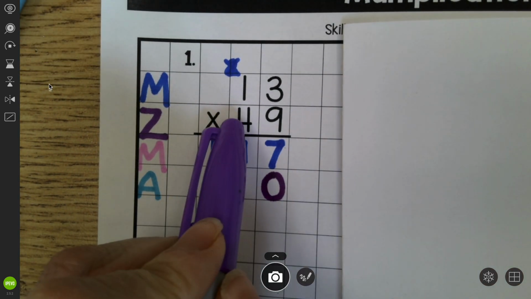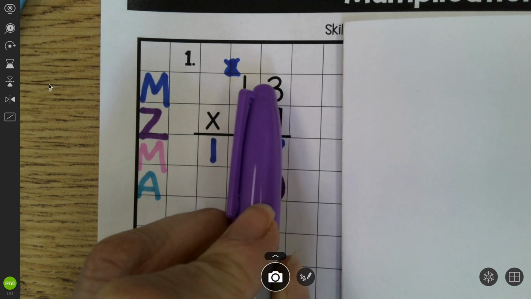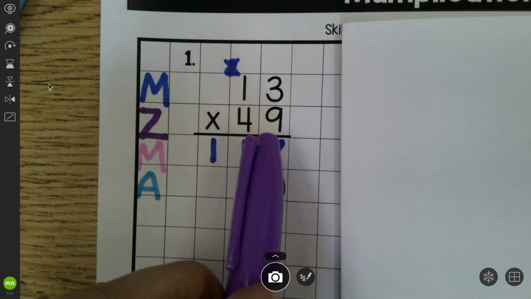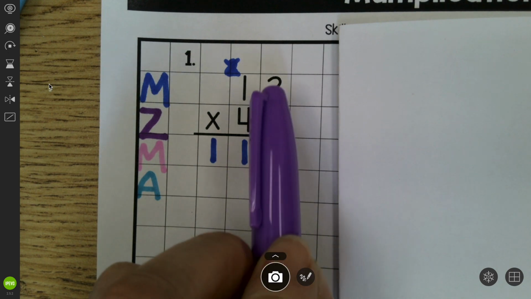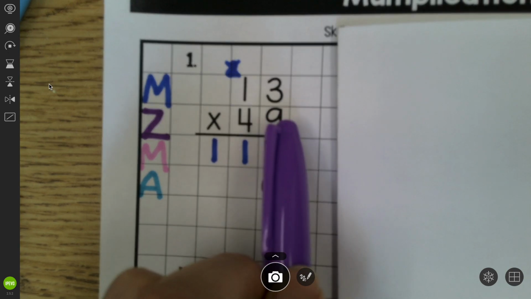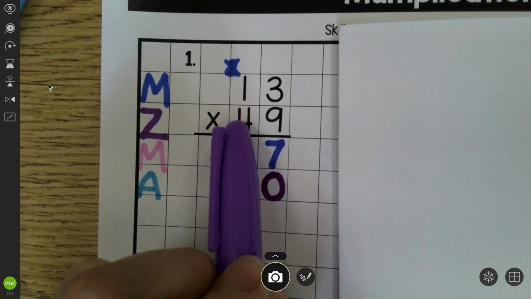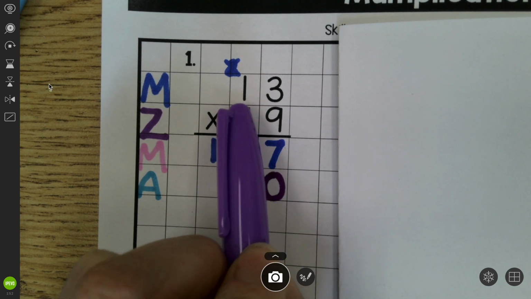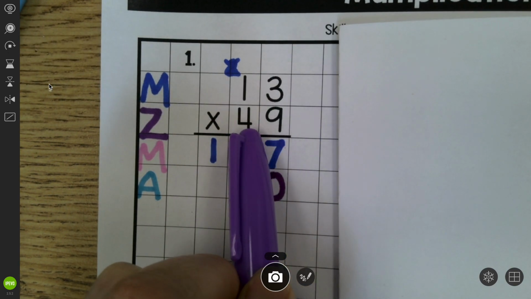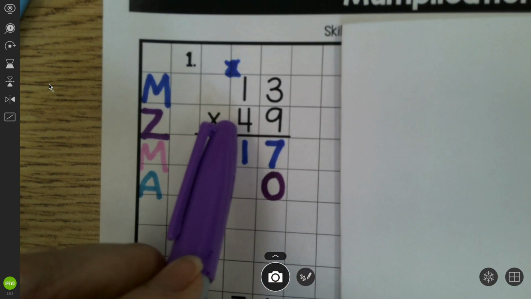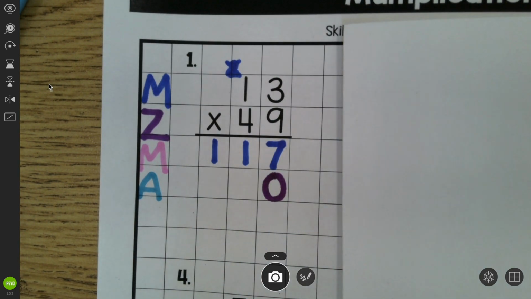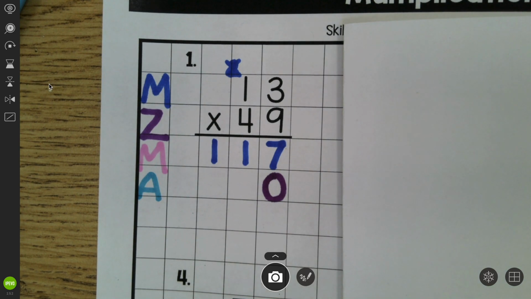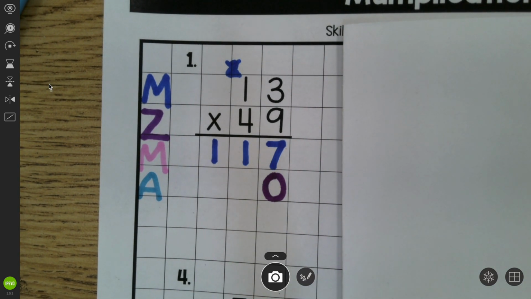And I always multiply the bottom number with the number in the ones place first. Just like when we multiply 9, we went with the ones place first, which was the 3, and then the tens place. It's just a little wacky here because we're starting in the tens place, so we still multiply by the ones place first. So 4 times 3, and we're going to skip count by 4s 3 times. 4, 8, 12, stop. I have 12.